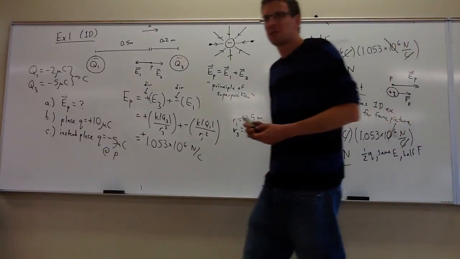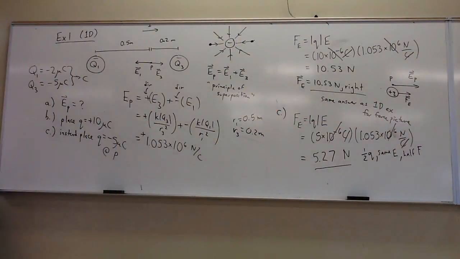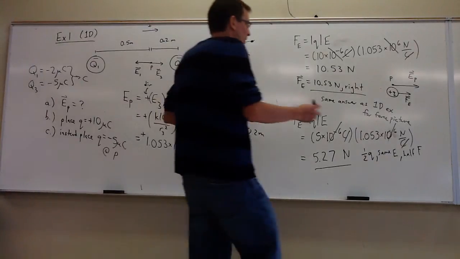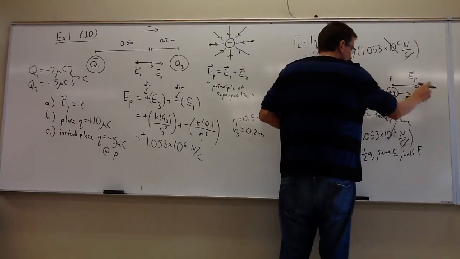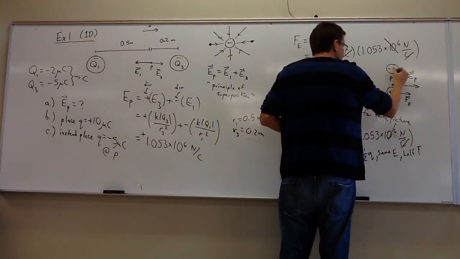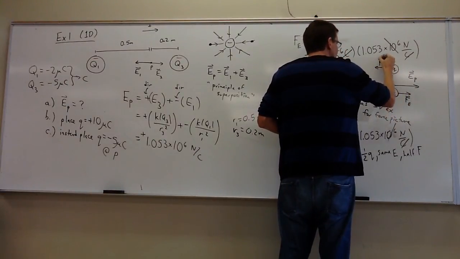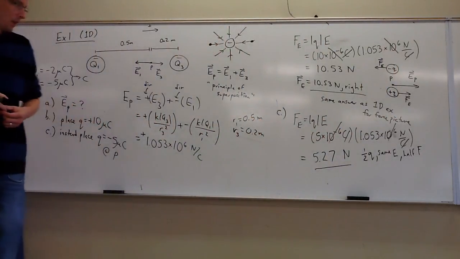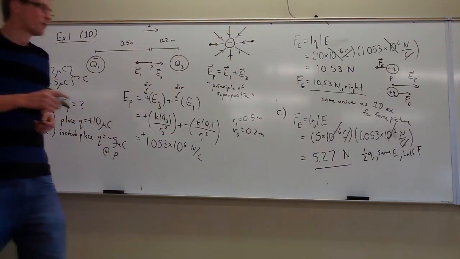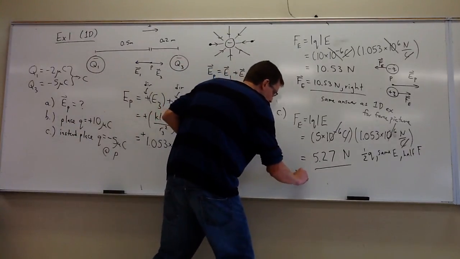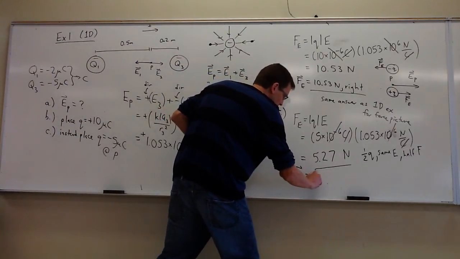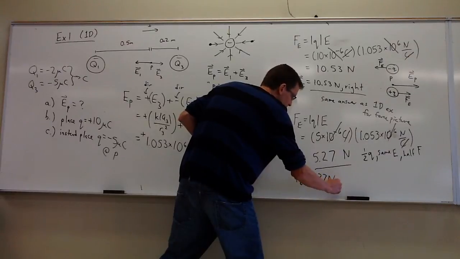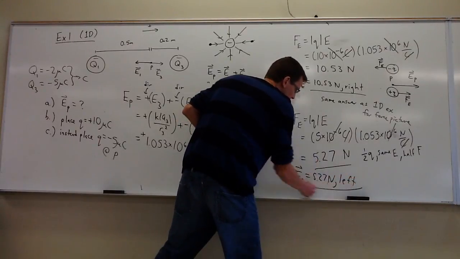And of course, the other thing we should note, that's just the size of the force. What's the direction? To the left, right? So if we put a point P, it has an electric field pointing to the right. If we put a negative charge there, it'll feel a force to the left. So if we wanted to properly state the entire force, we might say the force is of size 5.27 newtons, and the direction is to the left.